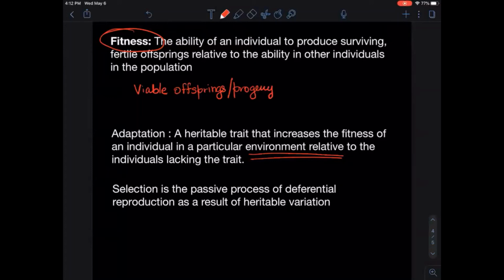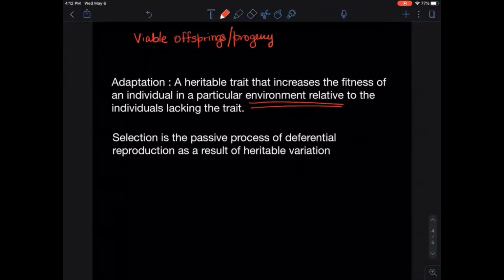This shows us how different traits which are inherited have an impact on the reproduction of an organism and thus affect the fitness. Now, selection can be either natural, which is what Darwin observed, that is in nature, how natural events form the differential environments and thus lead to differential reproduction.